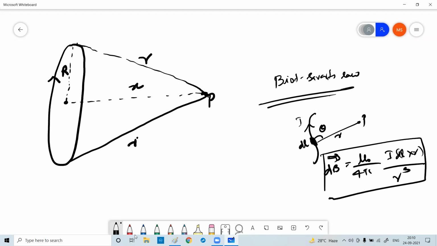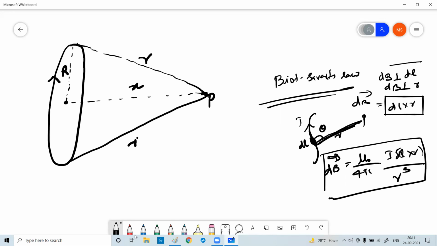And remember, whenever there is a cross product, you have two things: one is R and one is the current carrying wire element, and the magnetic field will be dl cross R. So the cross product of dl cross R will give you the direction of the magnetic field. Remember, dB will be perpendicular to dl, and dB will also be perpendicular to R. Understood?